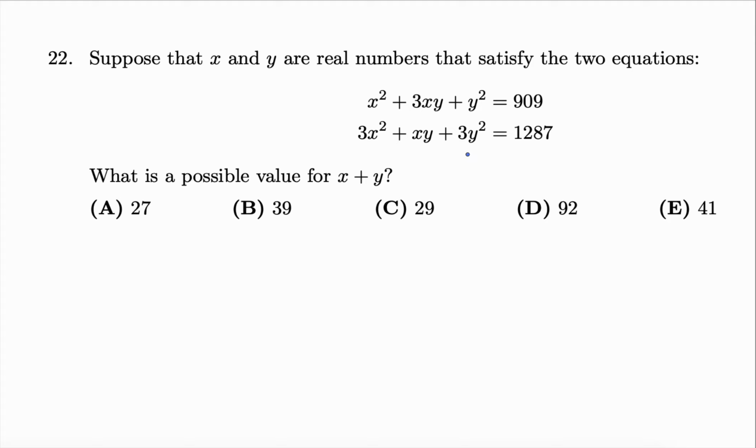Okay, so one thing that I notice is, if this is equation number 1 and this is equation number 2, what if I just tripled the first equation and then subtracted the second one from it? So 3 times equation 1, subtract equation 2.